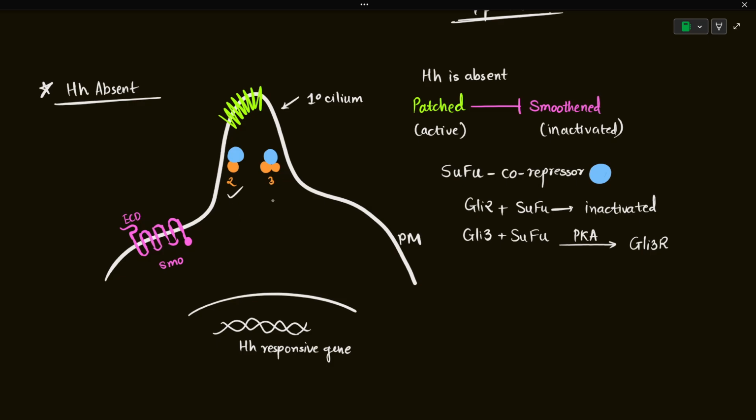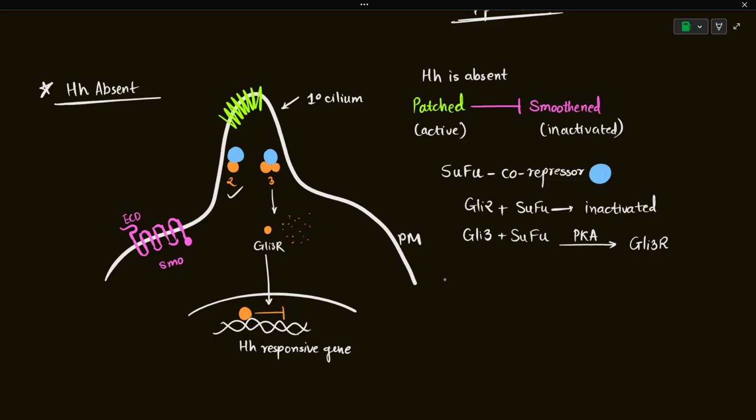So the smaller part will act as a repressor, translocate inside the nucleus, bind to the HH responsive gene, and inhibit its transcription. This happens when hedgehog is not present in the biological system.